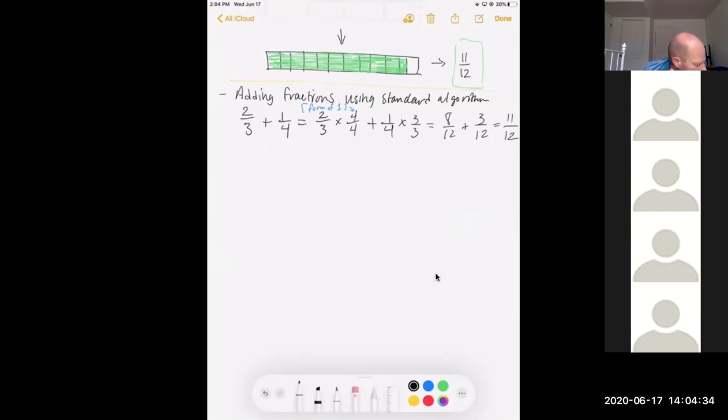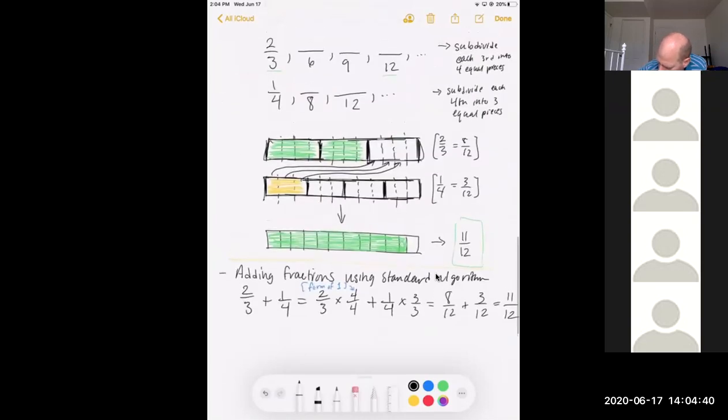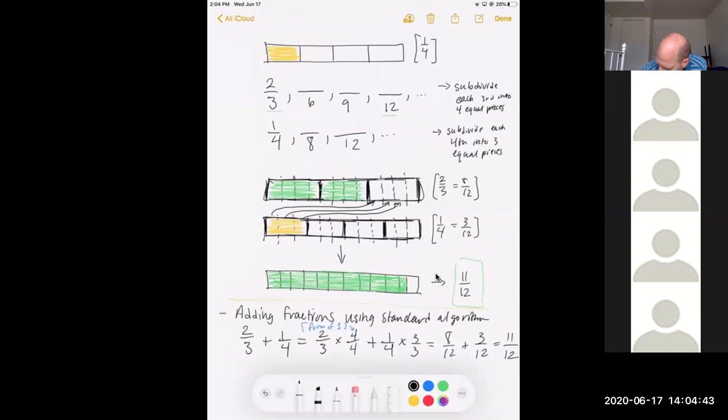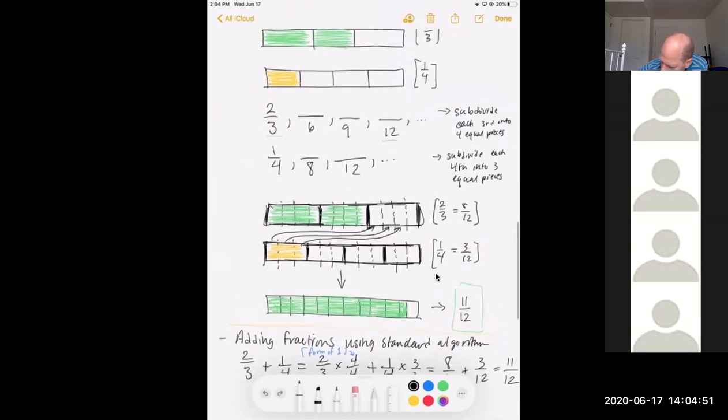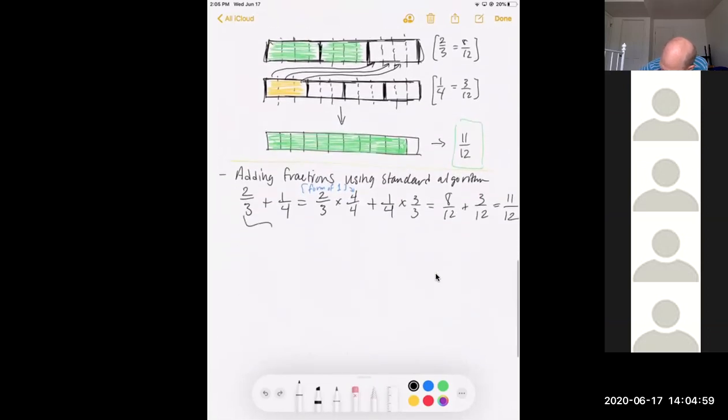Okay, so here's my process. Now where do all these connect to my diagram up here? Okay, so the 2/3 and the 1/4 in the very beginning refer to the bars up here. Okay. So let me pull this down just a little bit more. Yeah, here's my 2/3 bar, 1/4 bar. That's where these 2/3 and 1/4 connect to the original bar.